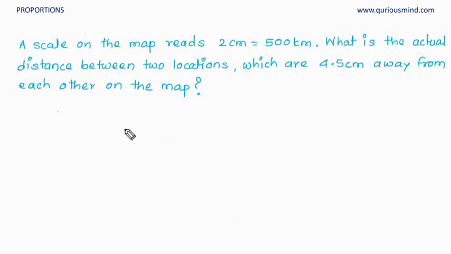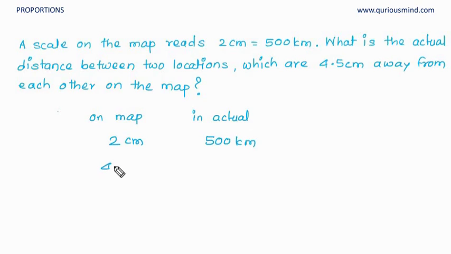Let's do method 3 as well. In method 3, what we do is we write these things, for example, on map and in actual. On map 2 centimeter is equal to, in actual, 500 kilometers.